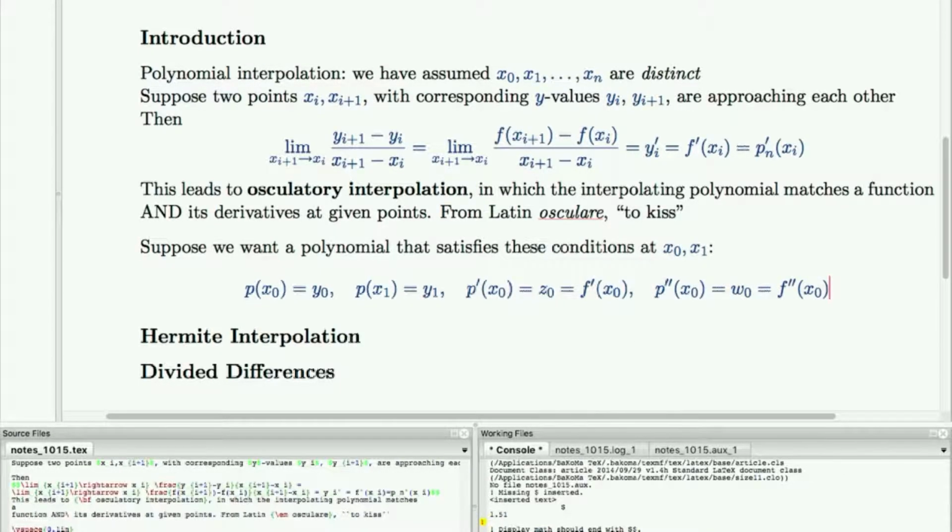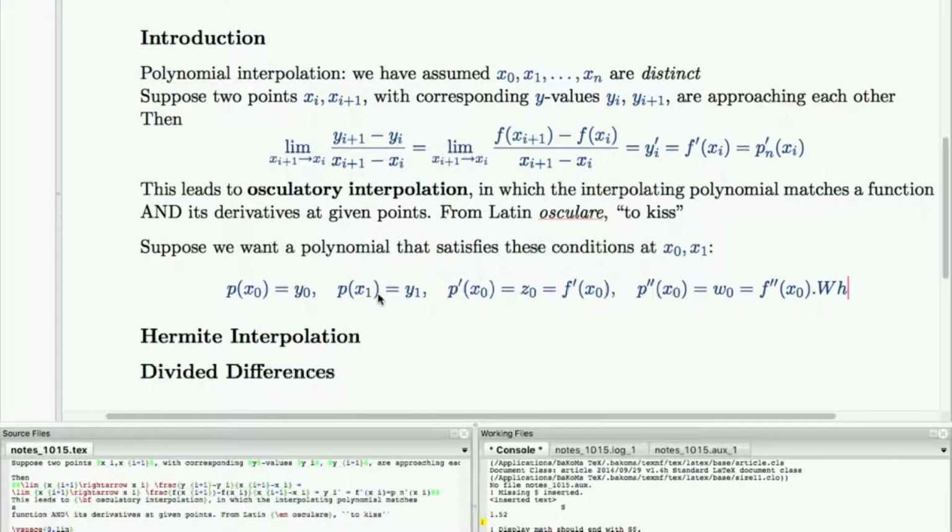So all together, we have four conditions. Two on the value of the polynomial itself, and then one on the first derivative at one of the points, and then the second derivative also at one of the points. So in other words, we have three conditions at x naught, and then only one condition at x1.